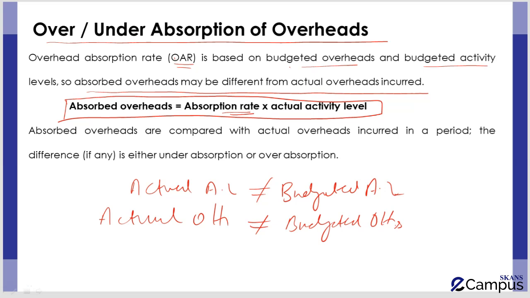If absorbed overheads are higher, it means there is over absorption, overcharging of overheads as compared to actual. But if the absorbed overheads are lower, it means under absorption, undercharging of overheads as compared to actual.